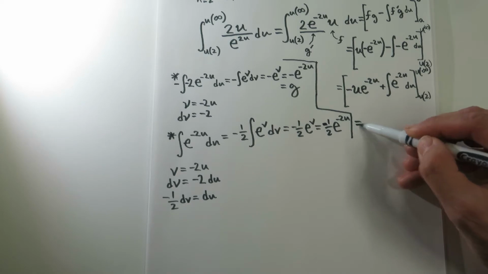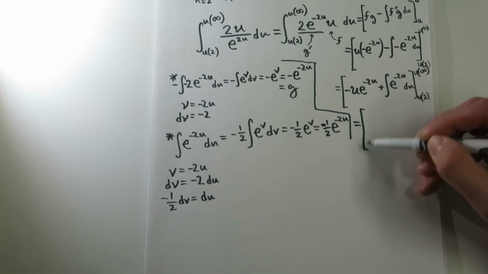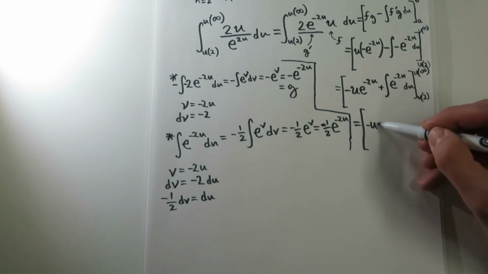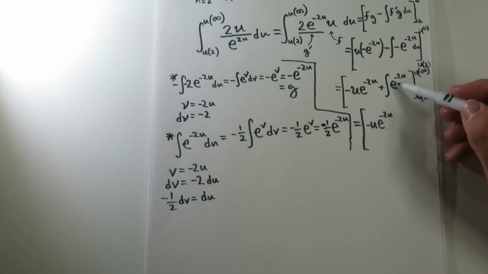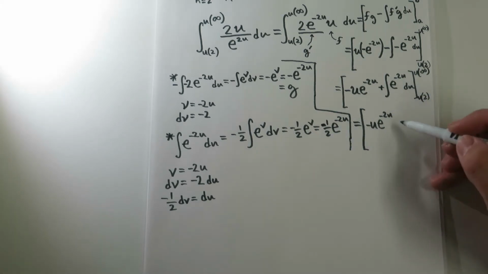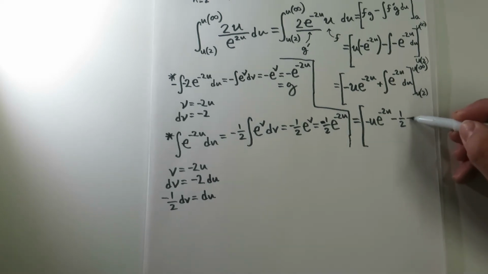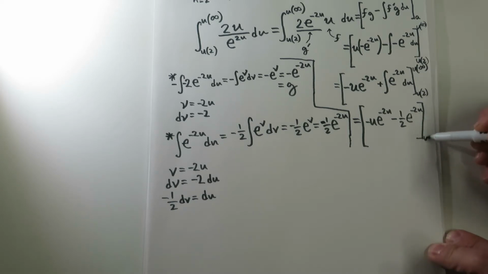So when we just drop this down, this whole thing that we've been working on here just equals negative u e to the negative 2u, and we showed that this integral is just this, minus 1/2 e to the negative 2u, and that we're evaluating from u of 2 to u of infinity.